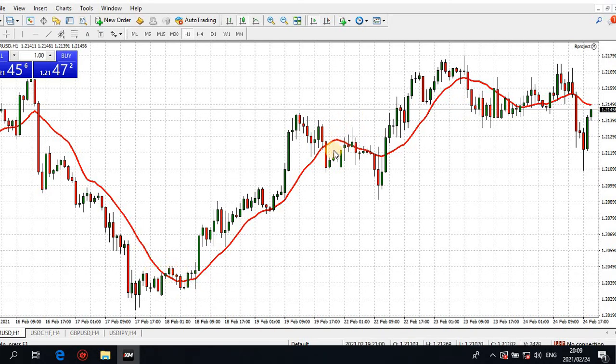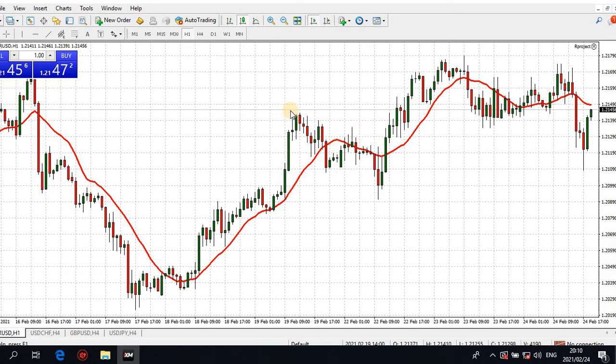Here you can see the moving average changed here, okay, and after it changed here, the market did not change immediately. The market continued to go up, but then finally the market changed, okay. Meaning, in fact, this moving average was ahead of the market.